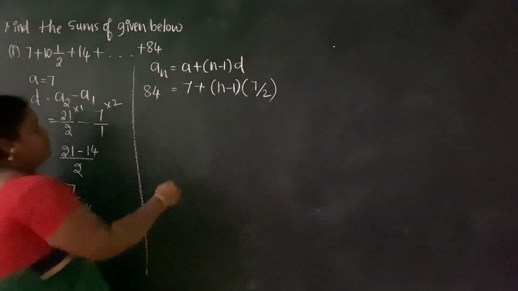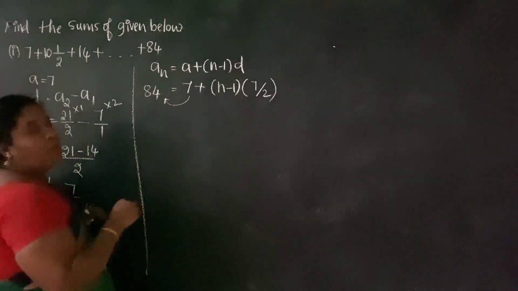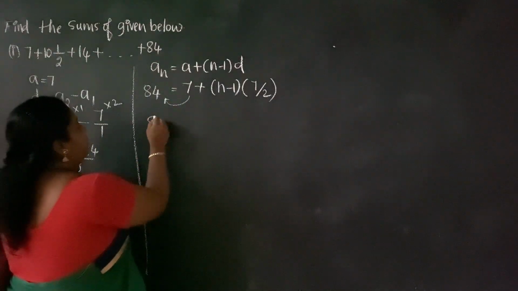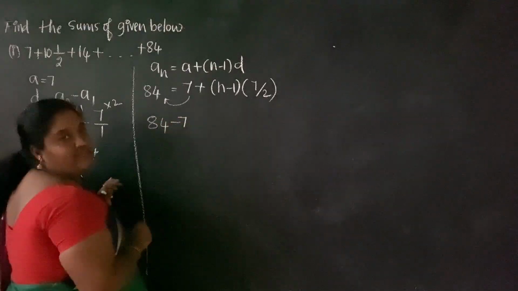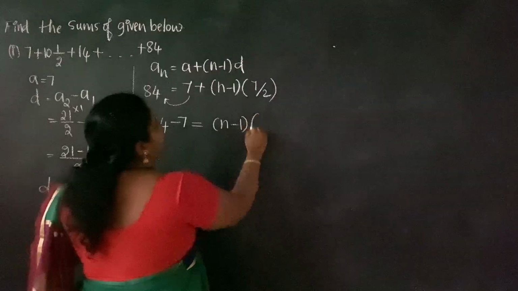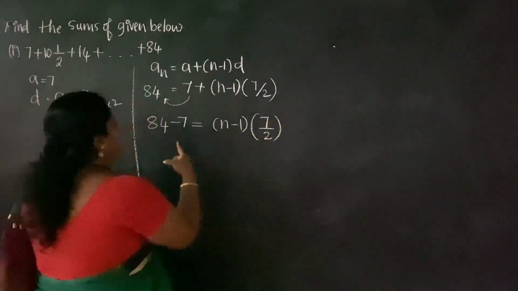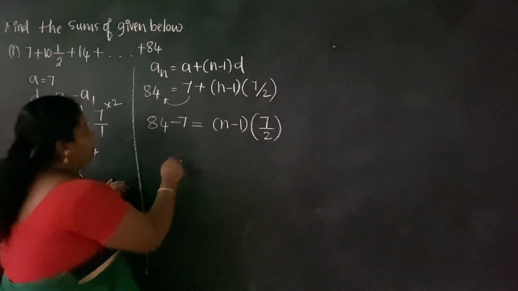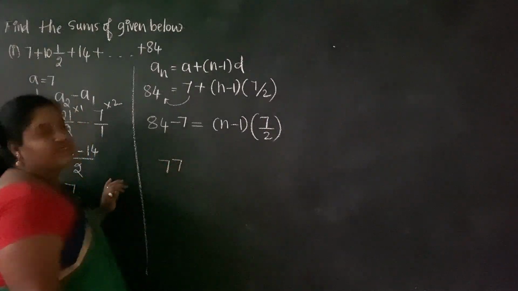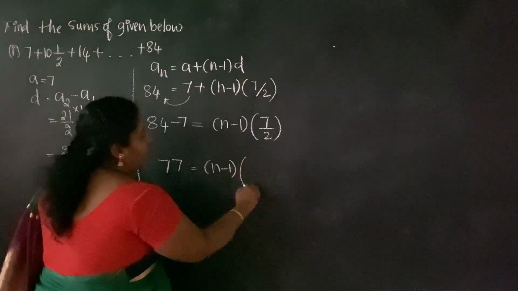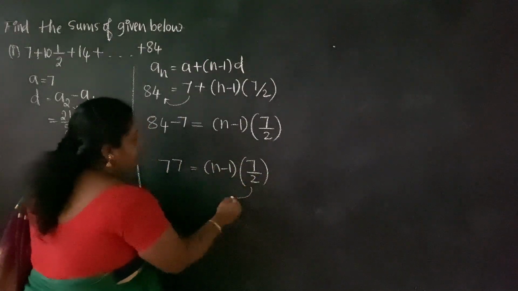Now you just see, I'll bring 7 to this side. Positive 7 turns to be negative 7. So I will be having 84 minus 7 is equal to n minus 1 into 7 by 2. See, 84 minus 7 is how much, dears? 77. I'll bring this to this side.